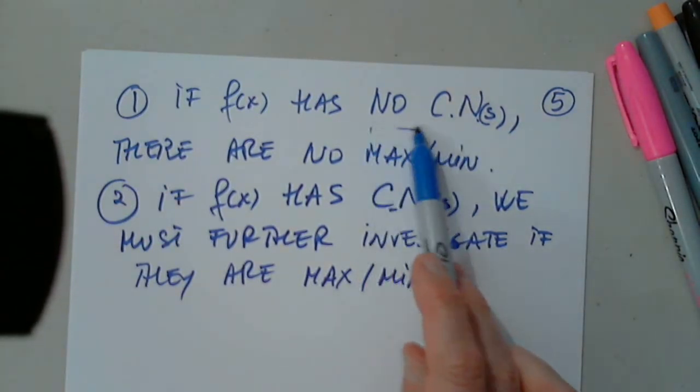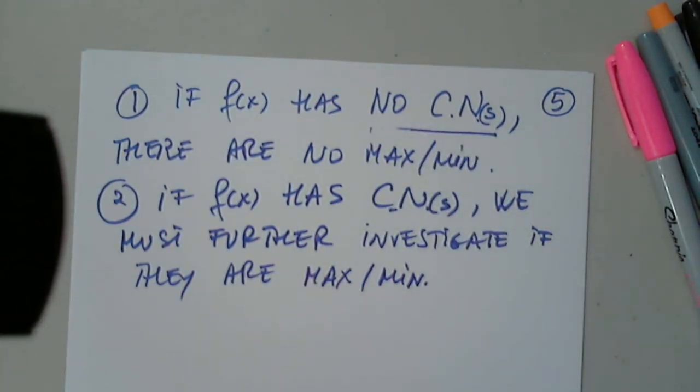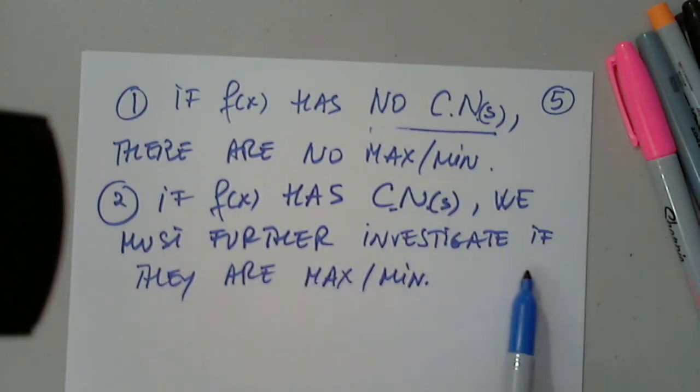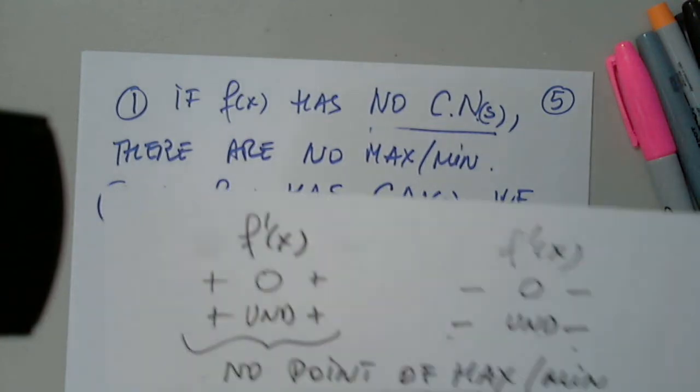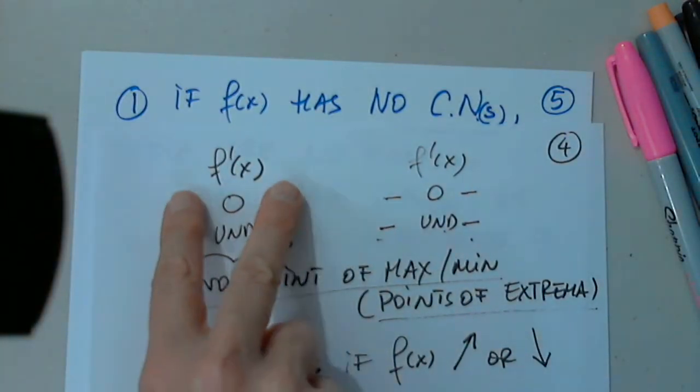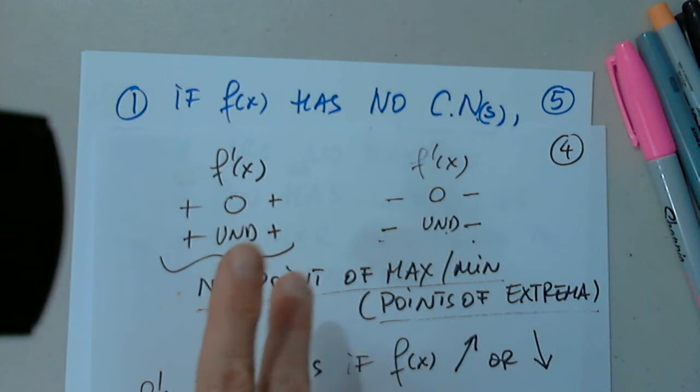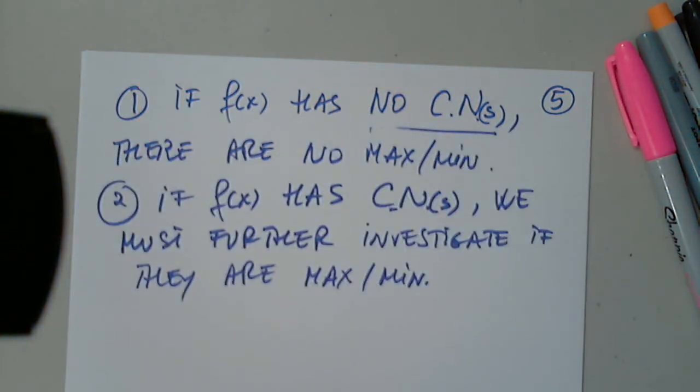So if it has no critical numbers, there is nothing to investigate. It's guaranteed not to have max min. But if the function has critical numbers, we don't know if they turn into max min or not. We have to further investigate. And what are we going to investigate? The sign of the derivative left and right of that number. And then draw conclusions.